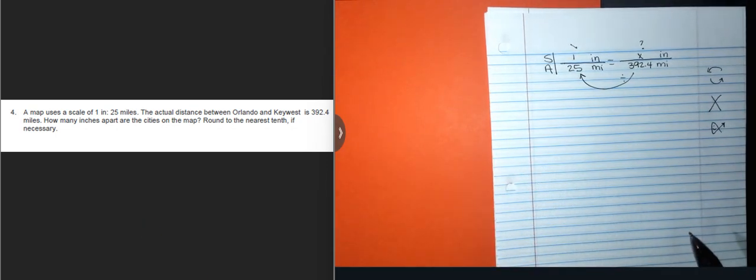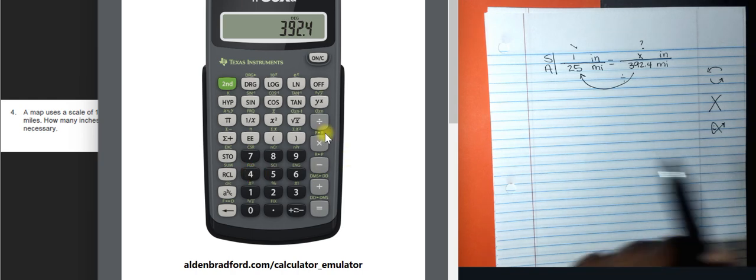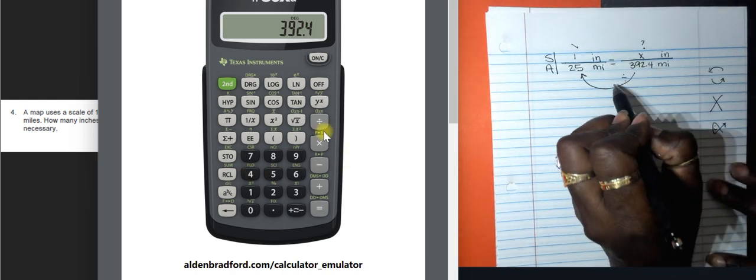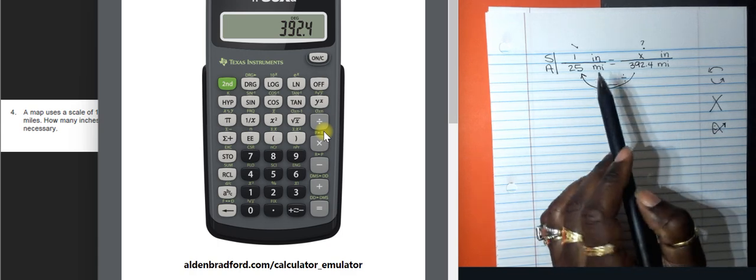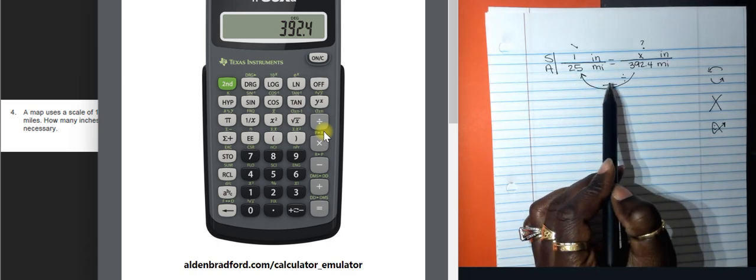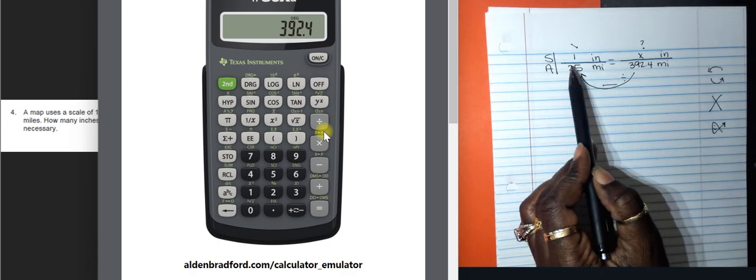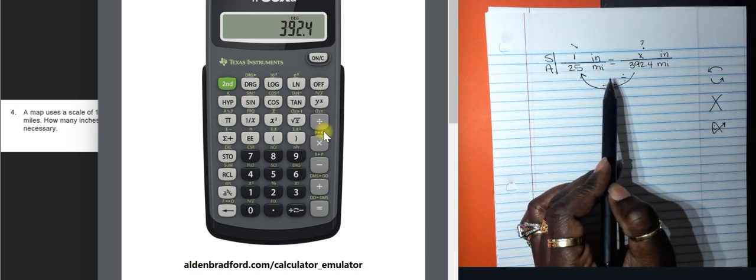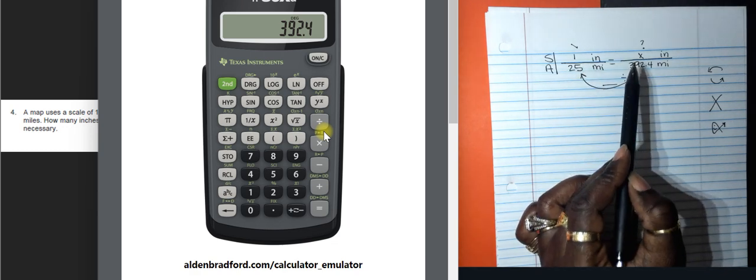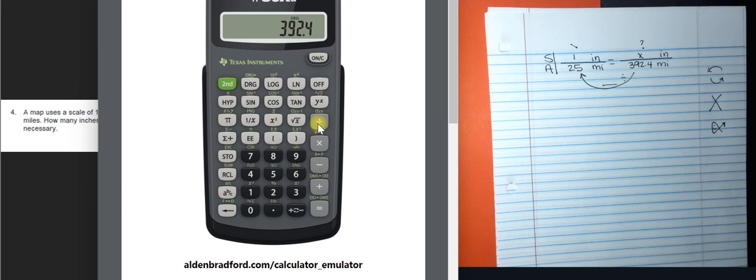If I plug this information into my calculator, 392.4 divided by some number, which I don't know, is going to give me 25. Remember, if you don't know this missing piece, you can always interchange those two pieces because these two pieces make the whole. So I'm going to say 392.4 divided by 25.